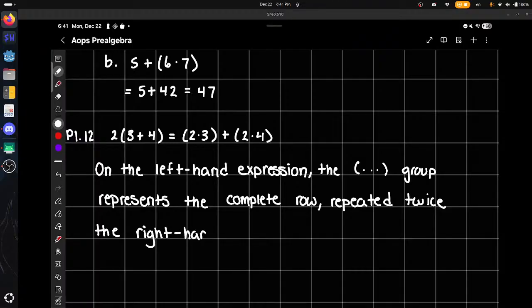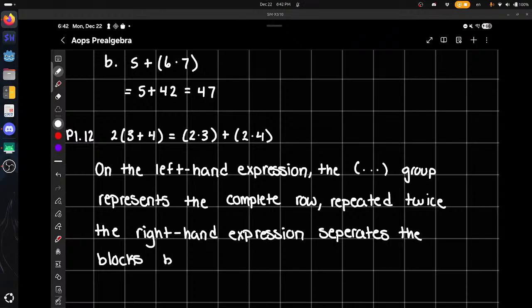Right hand expression breaks, or separates, the blocks between the shaded part and unshaded.